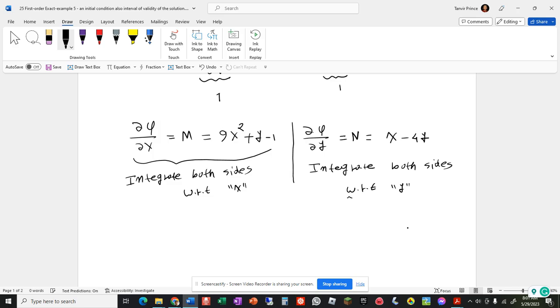So this WRT will stand for with respect to. Okay, so let's proceed. When you integrate both sides with respect to x, you get back the original phi.